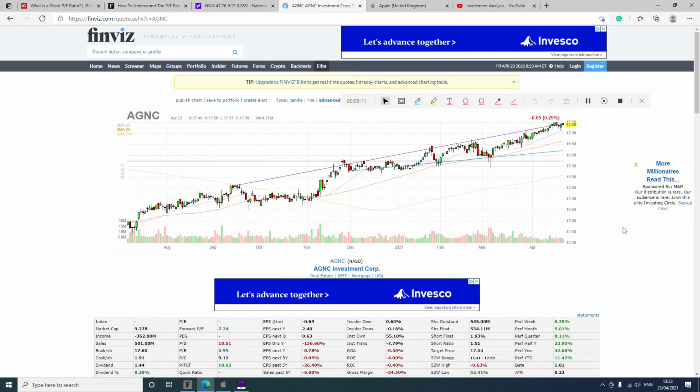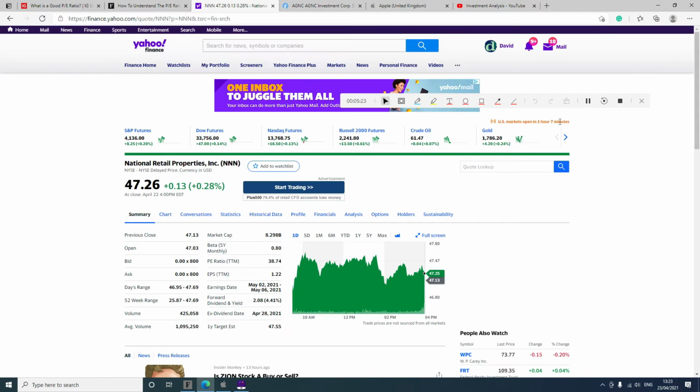Now, bear with me. Let me explain. Let's look at the PE ratio and do some little maths here. Let's pick this tool. NNN, which is National Retail Properties.